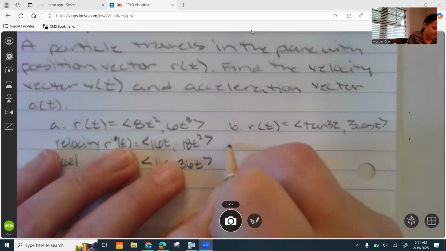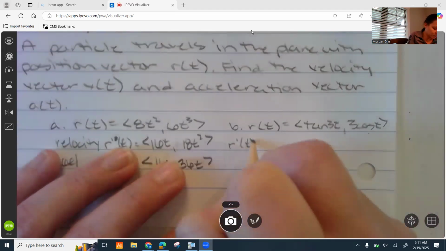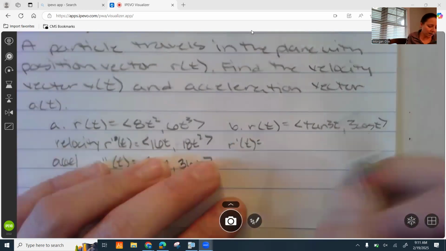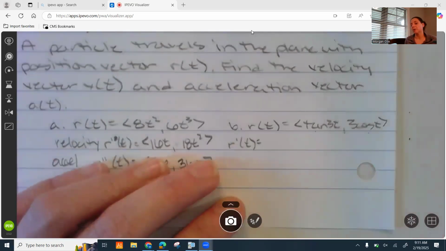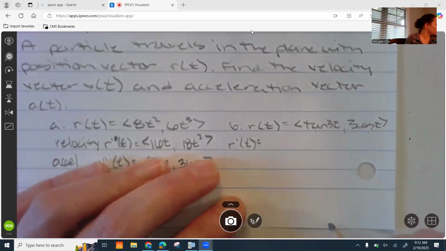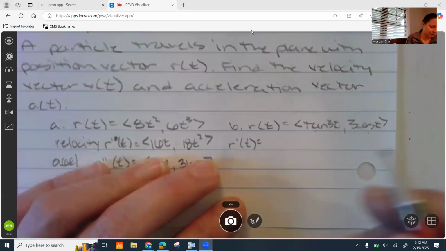So for my velocity, I'm just going to say r prime right here. What is the derivative of tangent? And don't forget, guys, I know it's been a while. Make sure you do the chain rule in this. So here we go. And now that I'm looking at my examples, I see that I've got something that's incorrect right here.